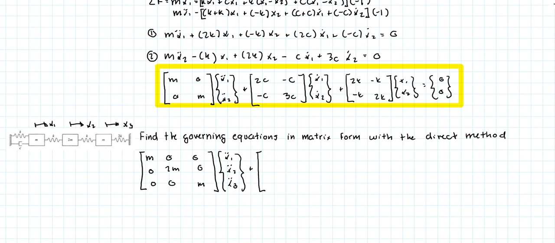well, the damping matrix will only have a component for the first mass, and so here we'll get a c, and we'll get 0 and 0. The reason why we have zeros here is that there are no dampers between the first mass and the second mass for this guy, and there's no damper between the first mass and the third mass for this guy, so they're all equal to 0.